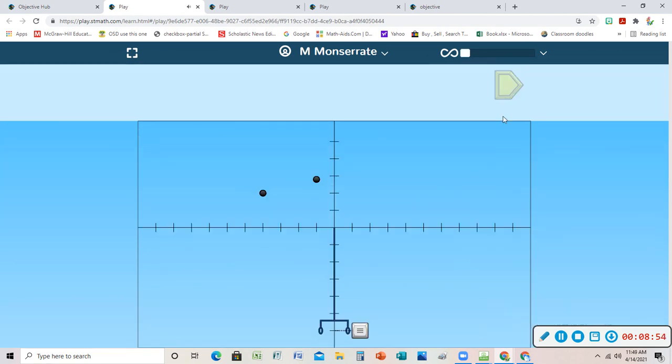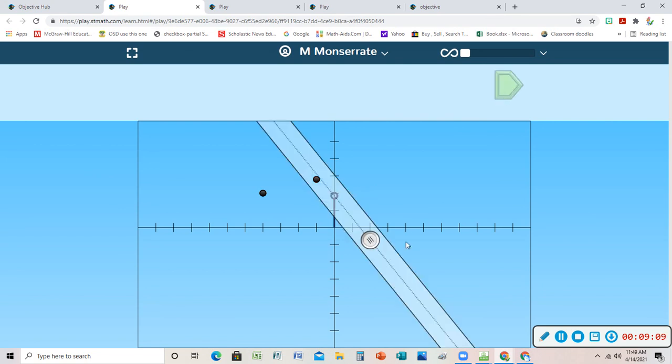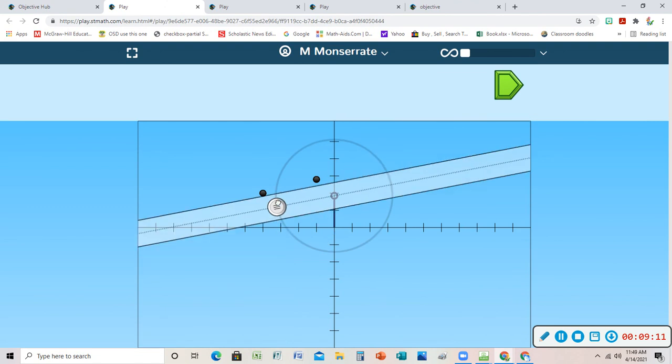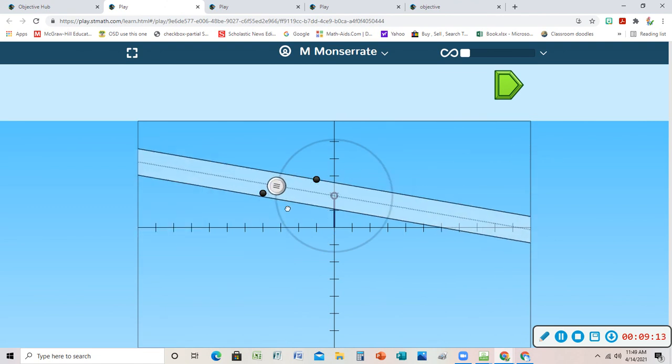Nice. Okay, this one was a little tricky for me. So first I have to move this one up. I'm going to put it in between them. Whoops, I had to go higher.